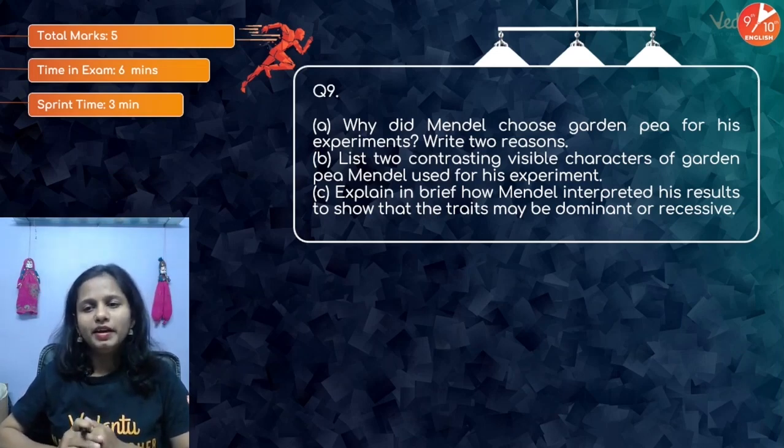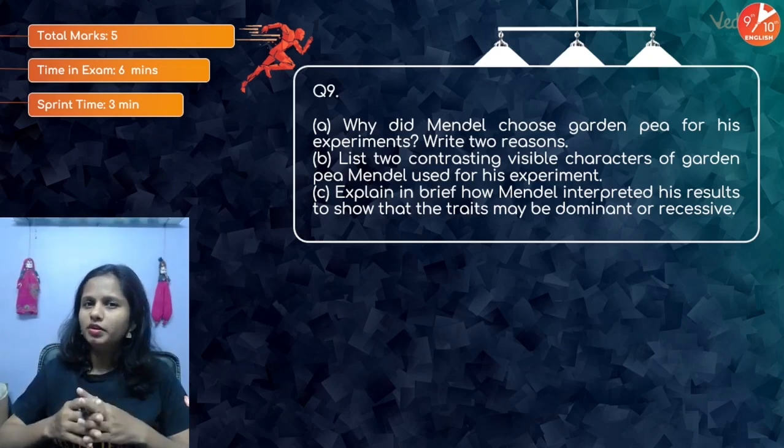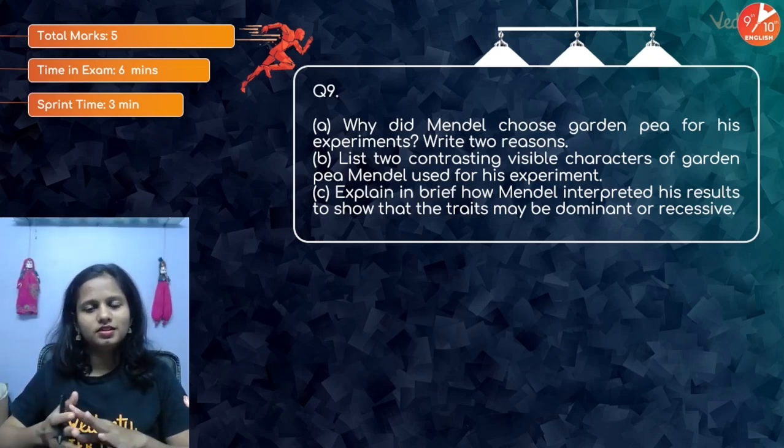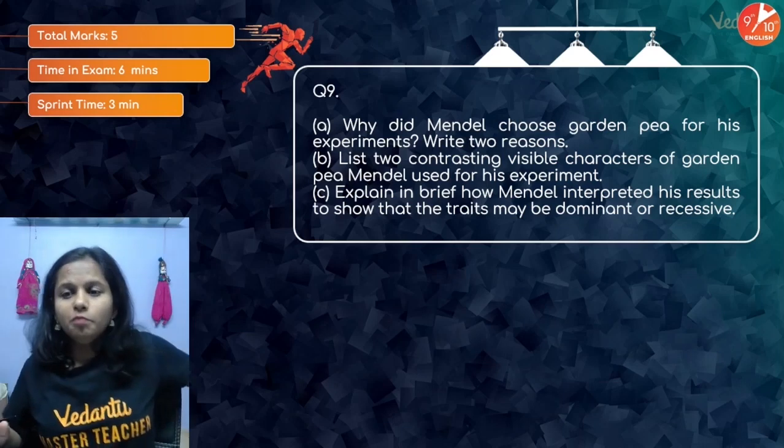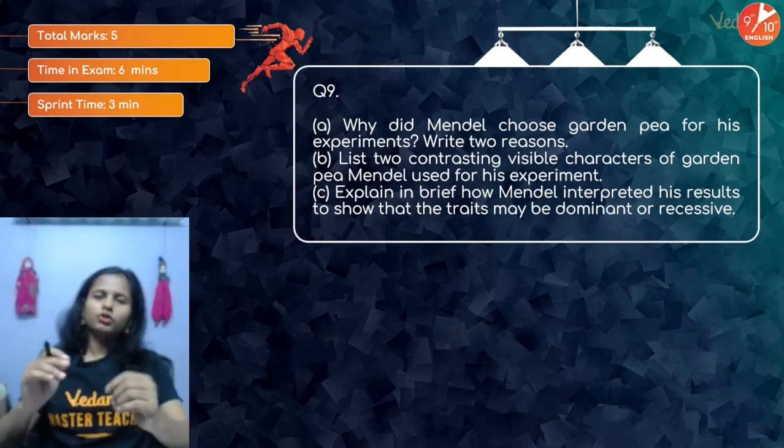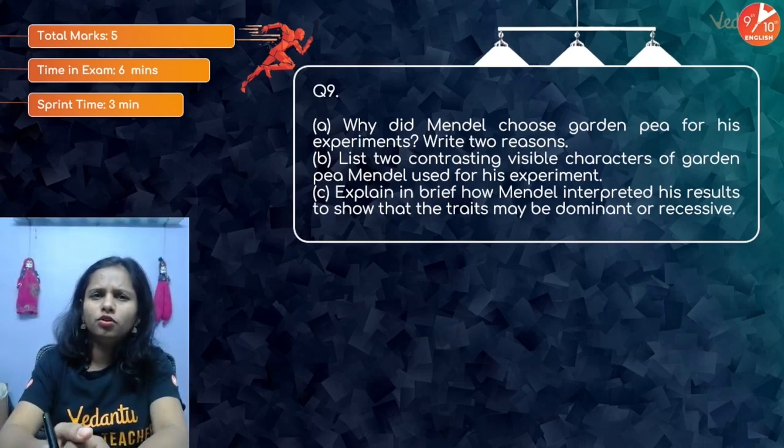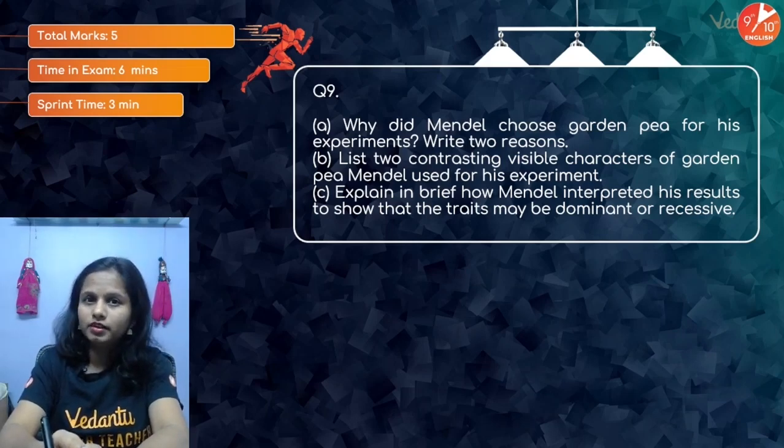Explain in brief how Mendel interpreted his results to show that the traits may be dominant or recessive. Okay? How Mendel interpreted. If we talk about a monohybrid cross, he saw that only one trait surfaced in the F1 generation and he considered that to be dominant.